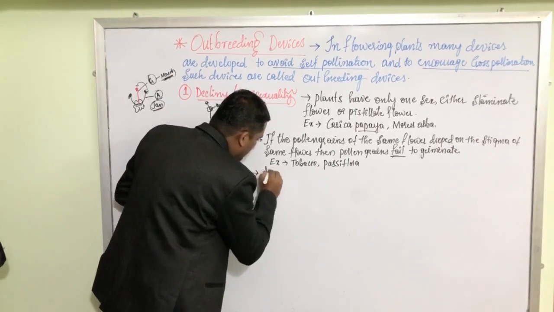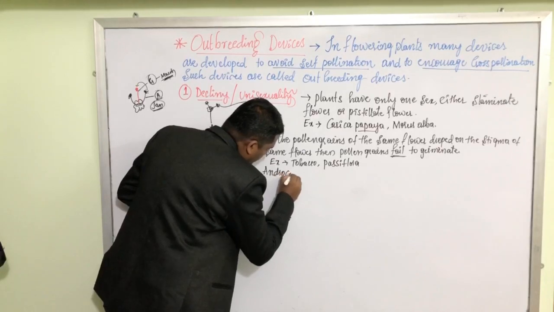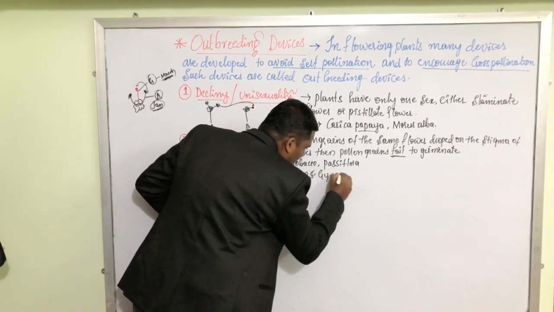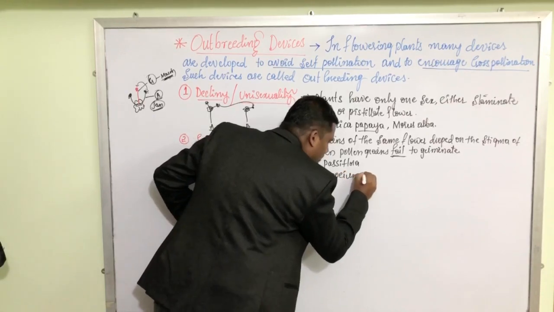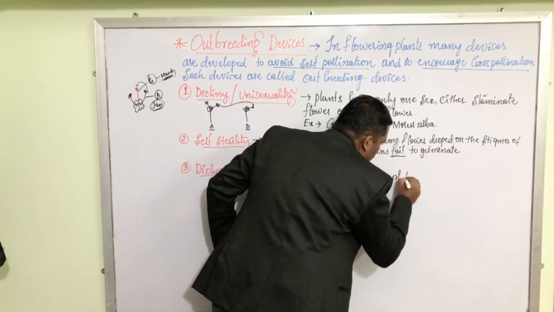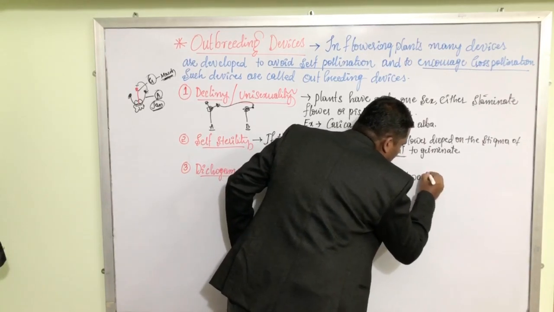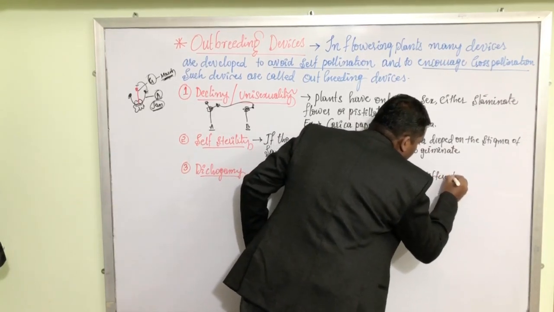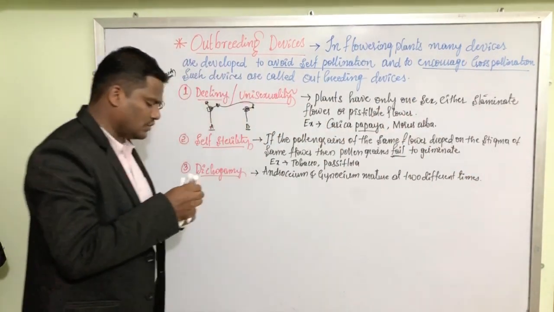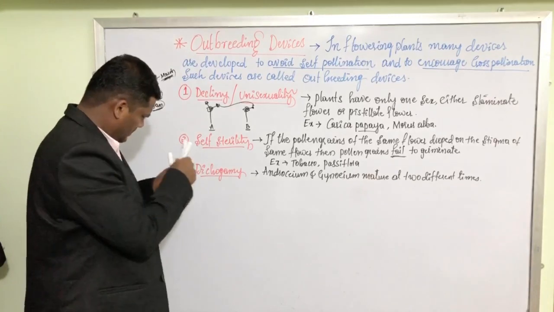Dichogamy means androecium and gynoecium mature at two different times.